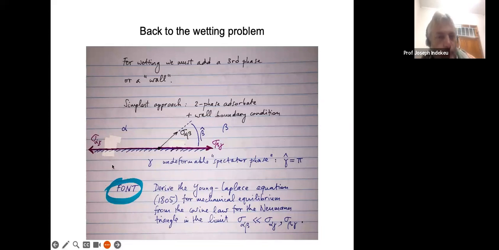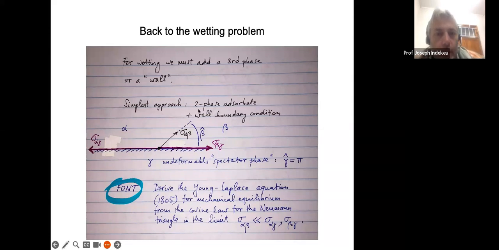And of course, you can say, well, if you have a solid and you have a droplet on the solid, then of course this angle is equal to pi, and then you have a droplet that is characterized only by one angle.